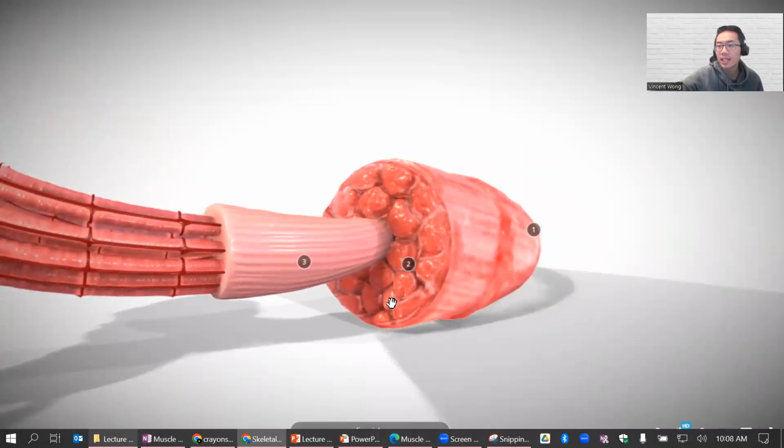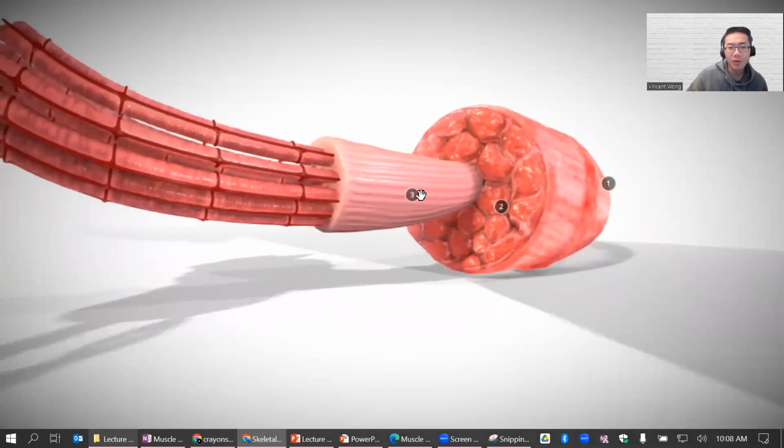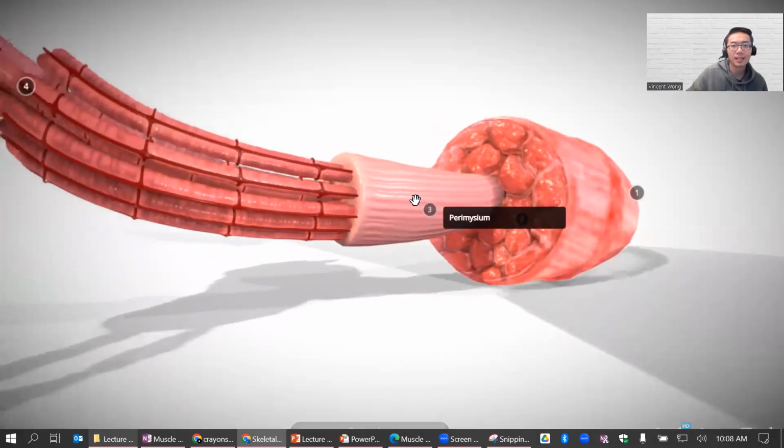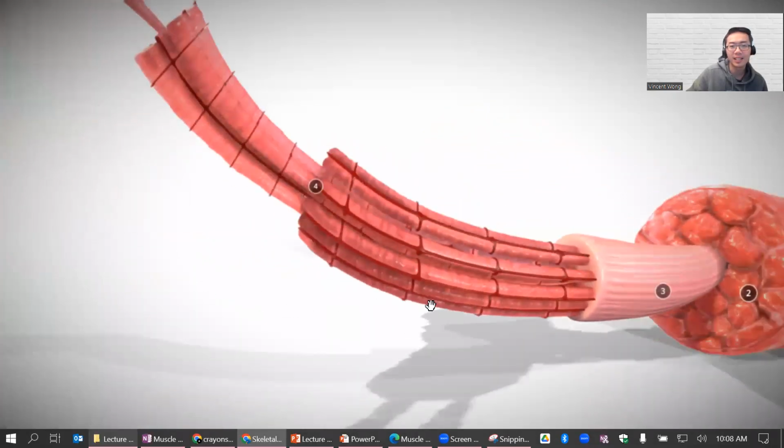What we do not see in this picture are the blood vessels and the nerve endings, which would exist between the fascicles. Then we're gonna pull one out, and if I click on number 3, what would that be? Paramysium. That's right, perimysium.